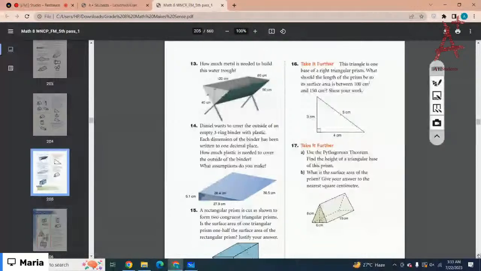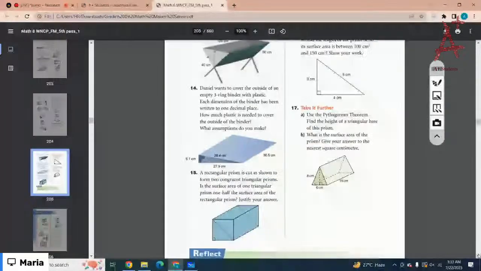Justify your answer. No, because the surface area of the rectangular prism does not include the side along which the cut was made. Got it?